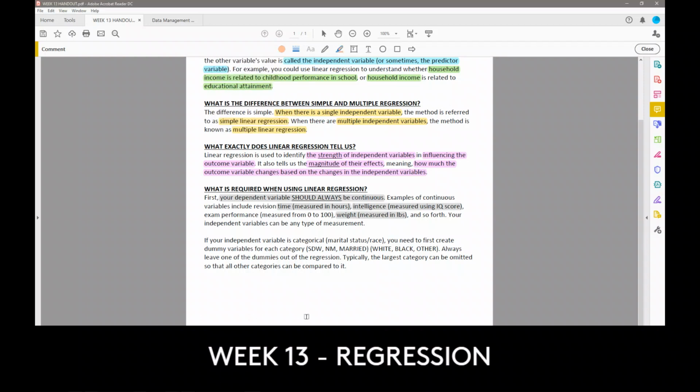As far as your independent variables, they can be any level of measurement. They can be categorical, they can be ordinal, they can be continuous, it doesn't matter.